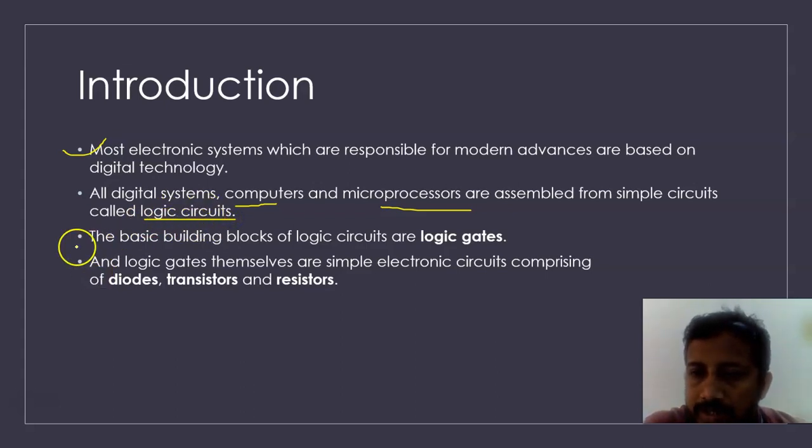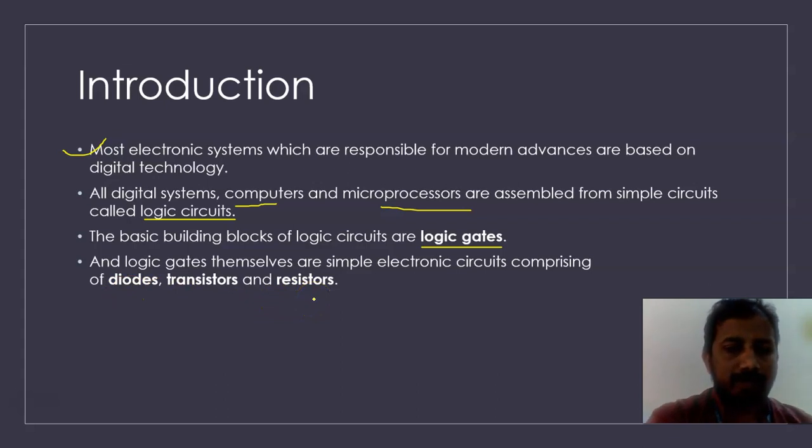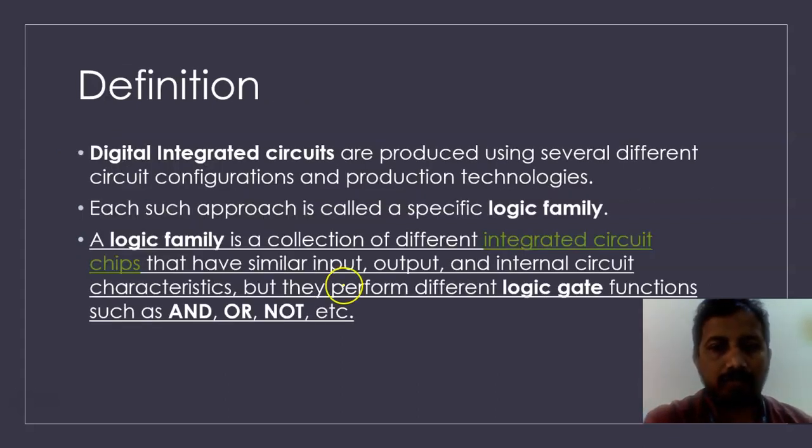Now, the basic building blocks for logic circuits are logic gates. For the logic gates, there would be simple circuits comprising diodes, transistors, resistors, or a mixed configuration, and you will get the logic gates. One after the other, we'll discuss that.